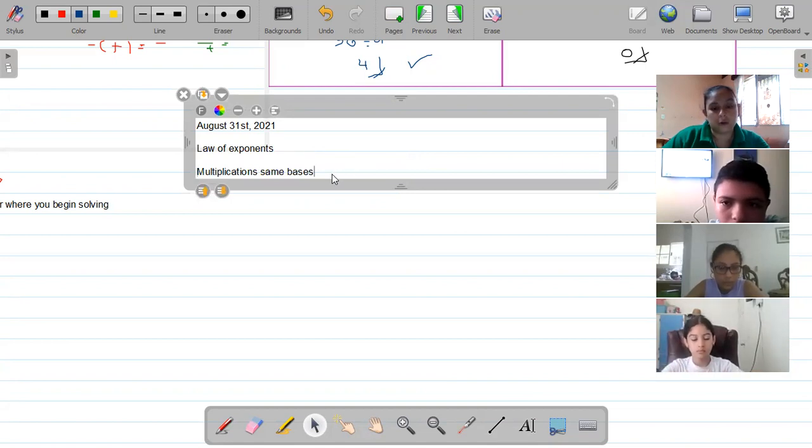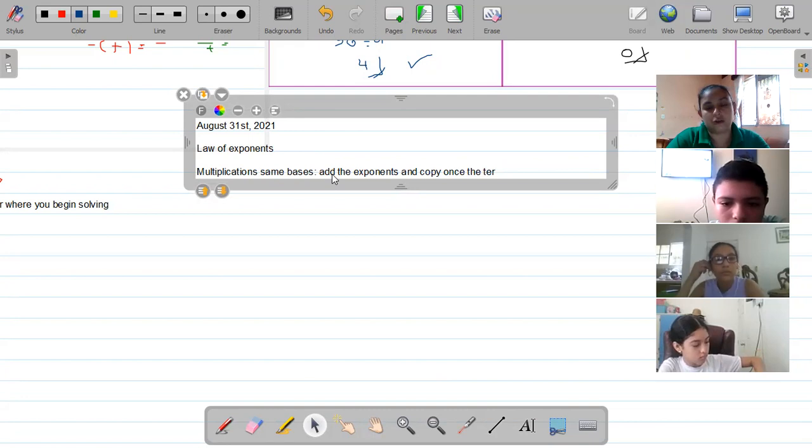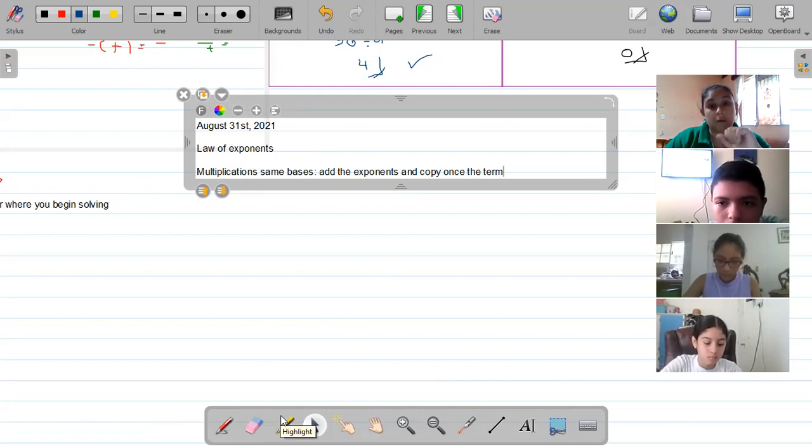And what are we going to do? When we have multiplication of same bases, we are going to add the exponents and copy only once the term or the variable, okay? If we're going to leave it in exponential form, remember we have two types of forms.